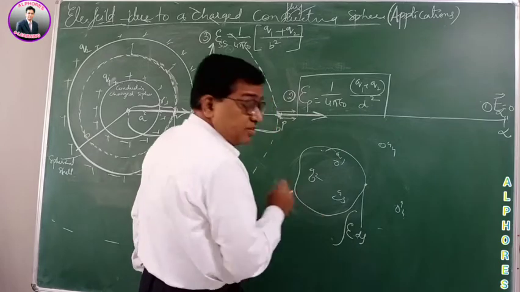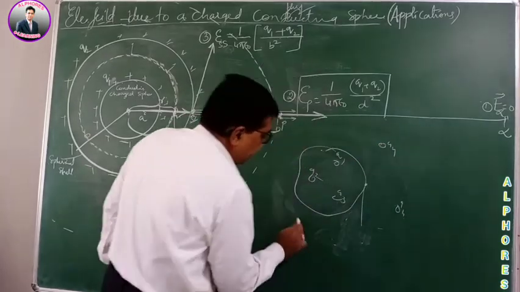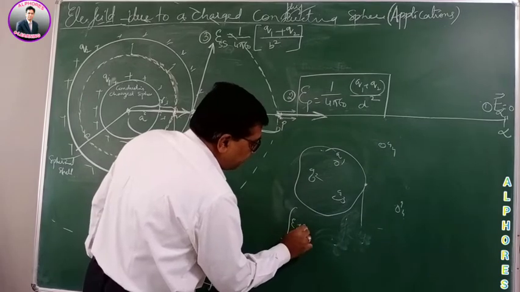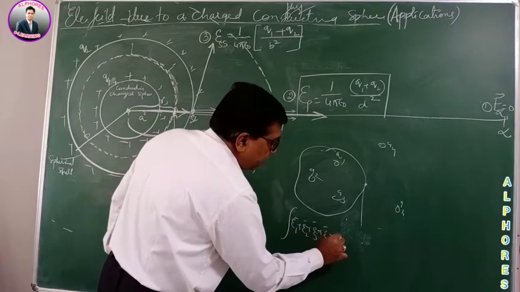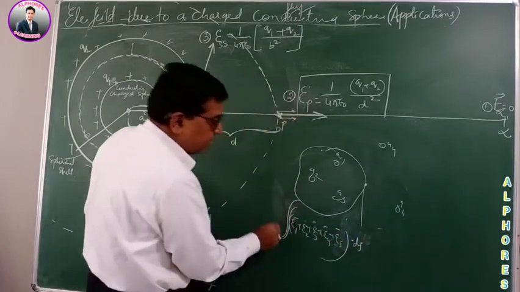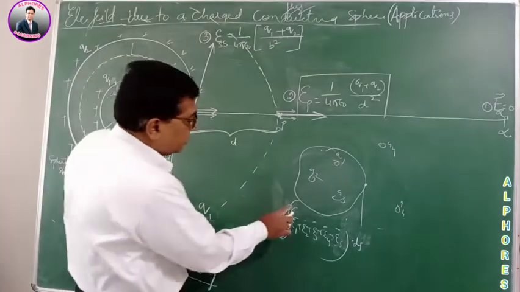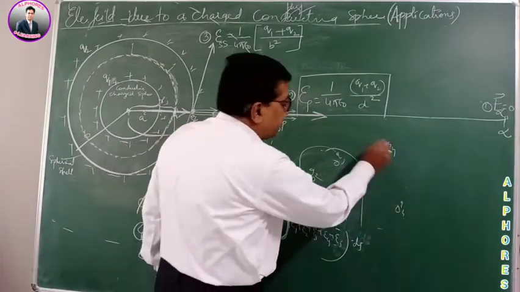So I was writing electric field due to 1 plus electric field due to 2 plus electric field due to 3 plus electric field due to 4 plus electric field due to 5, dot ds, the total flux due to all the 5 charges.